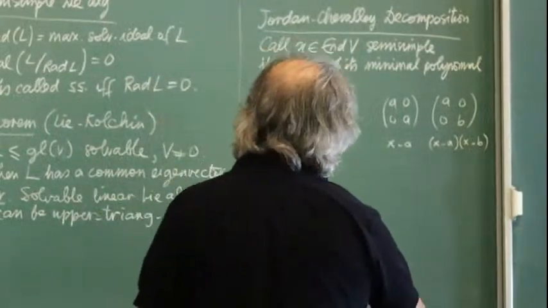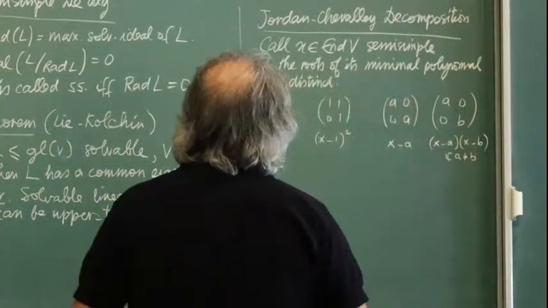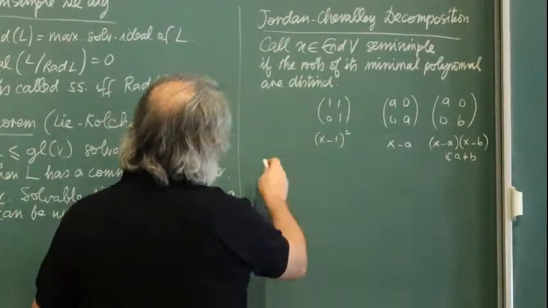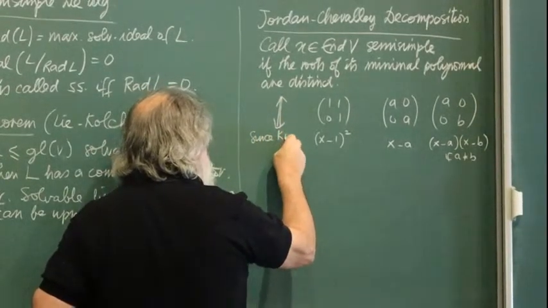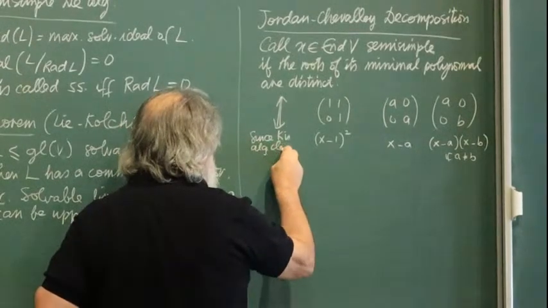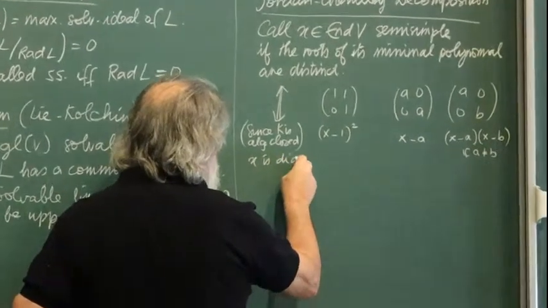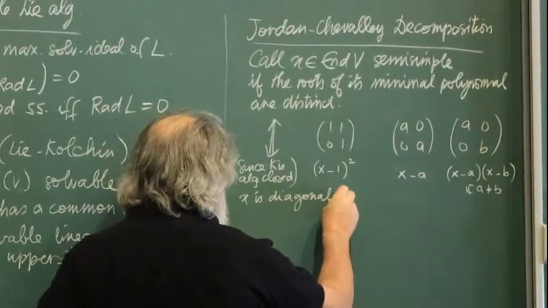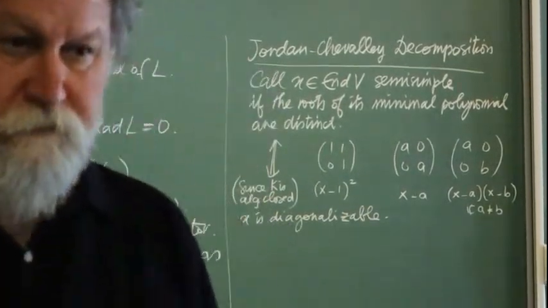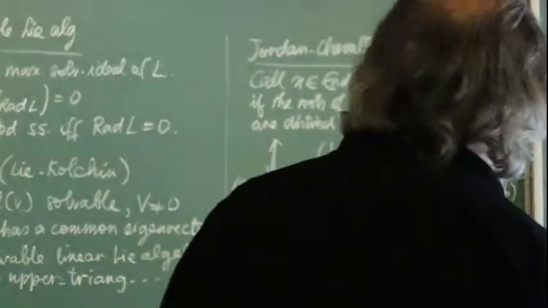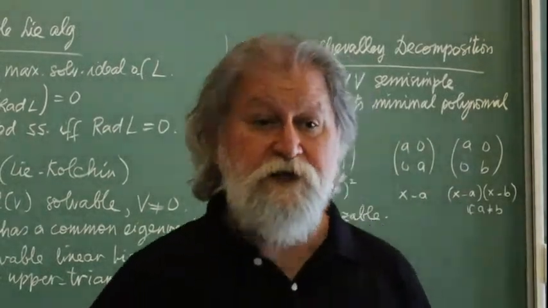So if a is different from b. Okay, and since K is algebraically closed, this is the same as saying that X is diagonalizable. Otherwise, if K is not algebraically closed, X will be diagonalizable in an extension of K.